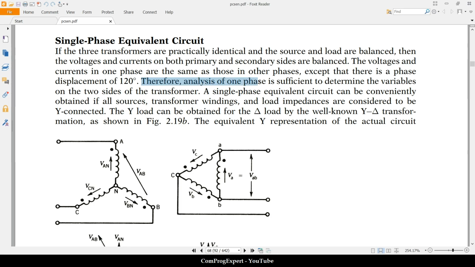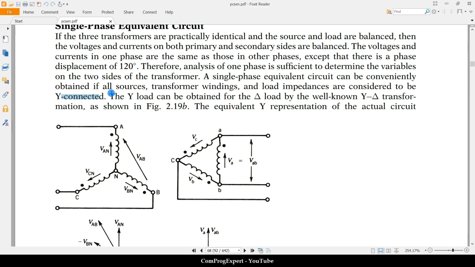Therefore, analysis of one phase is sufficient to determine the variables on two sides of the transformer. A single-phase equivalent circuit can be conveniently obtained if all sources, transformer windings, and load impedances are considered to be Y connected. Yes, if we change delta connections and use equivalent star connections, we can construct the Y-connected model. The Y load can be obtained by the Y-delta transformation.